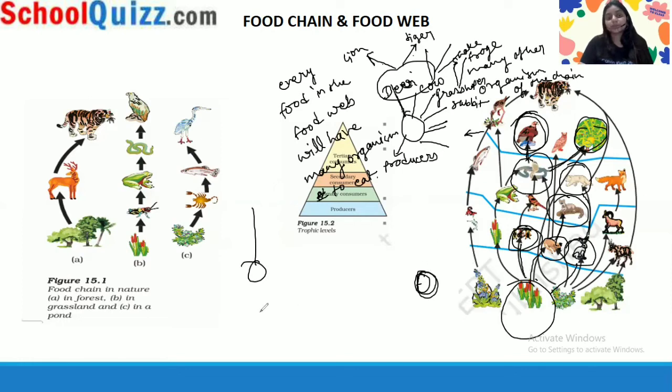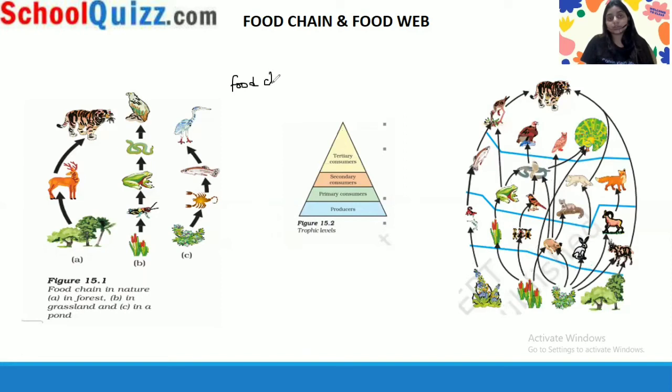Okay, so let's write the definition of the food chain and the food web. So this is a food chain, and this is a food web. Okay, so what is the food chain?